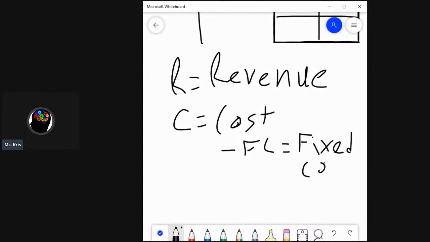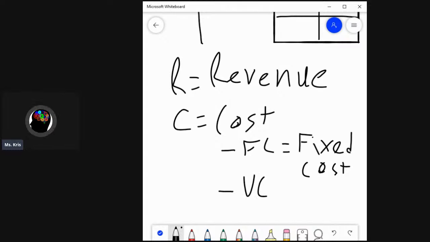And of course, the fixed cost is a flat rate, what you're going to pay regardless. Because a cost, of course, is your expenses. Revenue is the money that's coming in. Cost is the money going out. So fixed cost is the flat money that you have to pay. That could be insurance. That could be car notes, all that good stuff. All that encompasses your business.